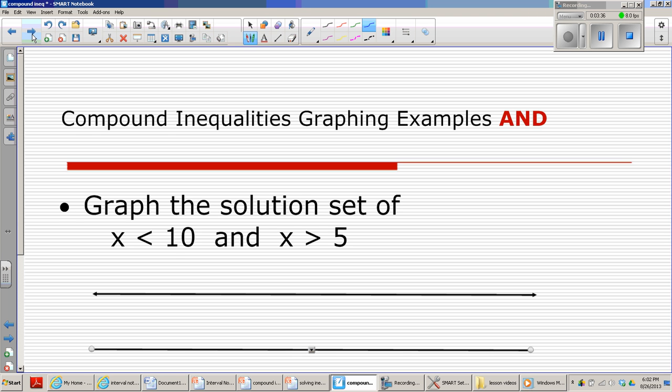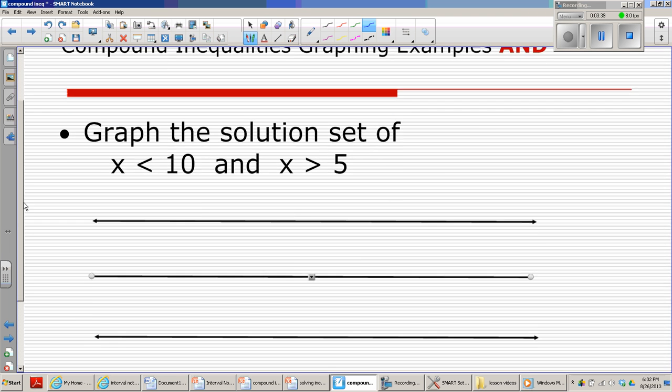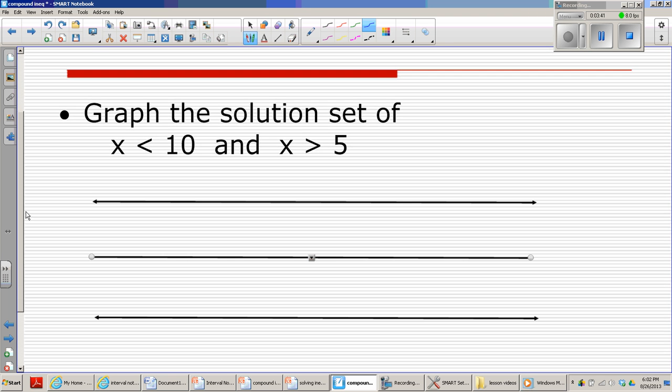Let's graph an example of a compound inequality. Right now we have x is less than 10 and x is greater than 5. Let's take the first inequality and graph it. Since it's less than, we have an open circle at 10 where the symbol's pointing left, so we point left.